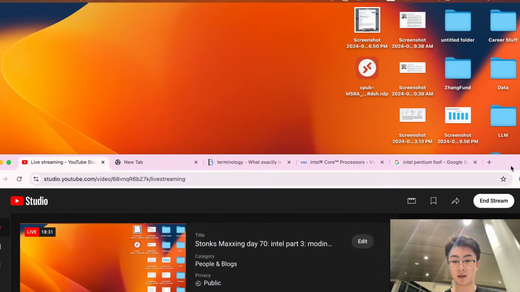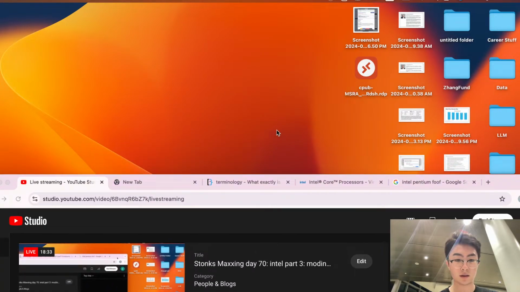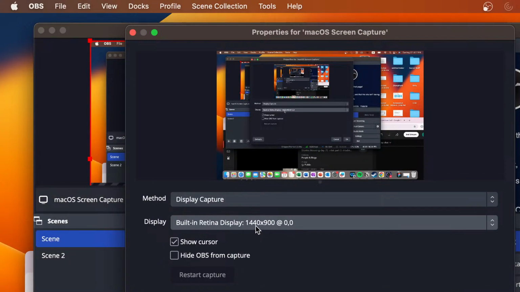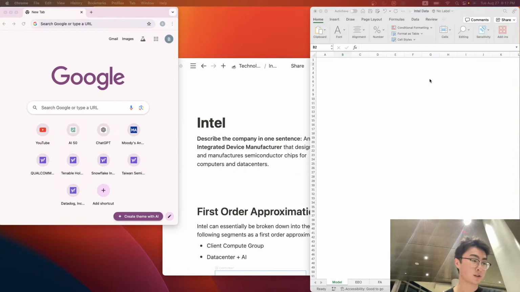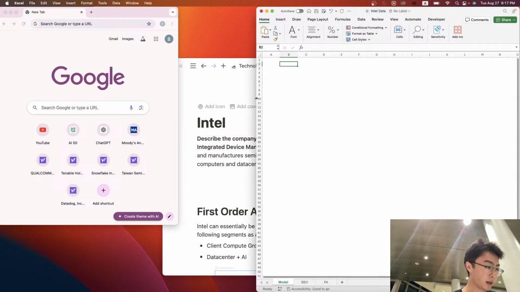Okay, let me see if I could delete this Mac OS screen capture. Let's go into the Asus. Yeah, nice. Okay, this looks good. I'm gonna expand this one out a little bit.